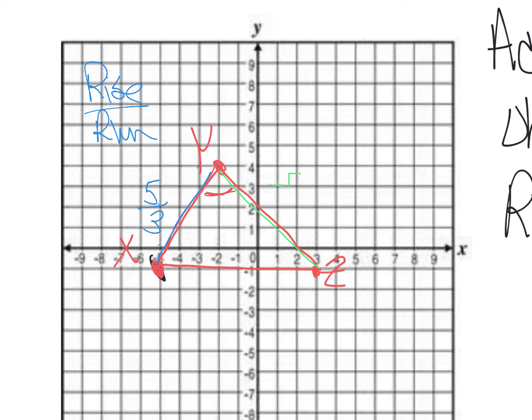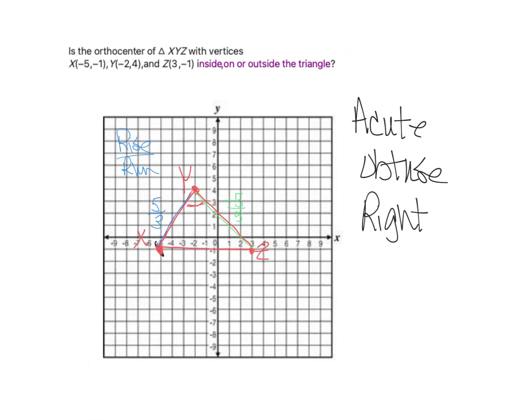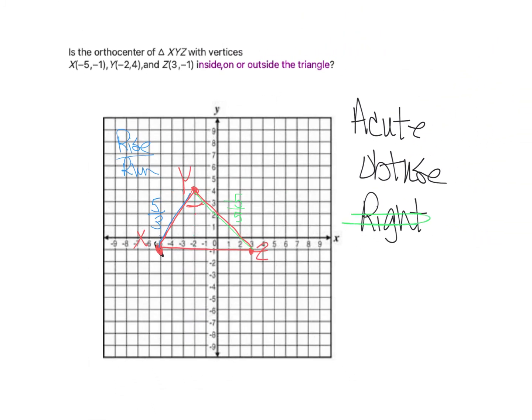I went down 5, so that's negative 5. And I run 1, 2, 3, 4, 5. So my slopes are not opposite reciprocals, which means it's not a right angle. Just wanted to double check that. So we know it's not right, and I can look at it and tell that it is not obtuse. It is acute, which means our orthocenter would be inside.